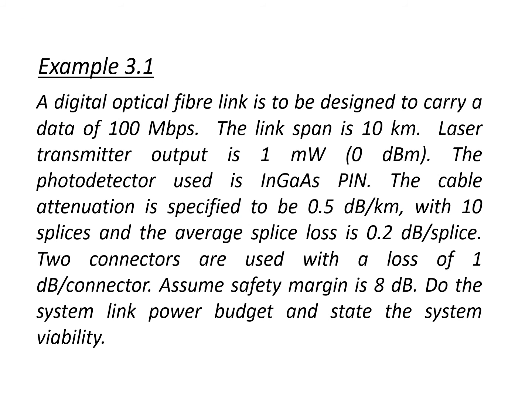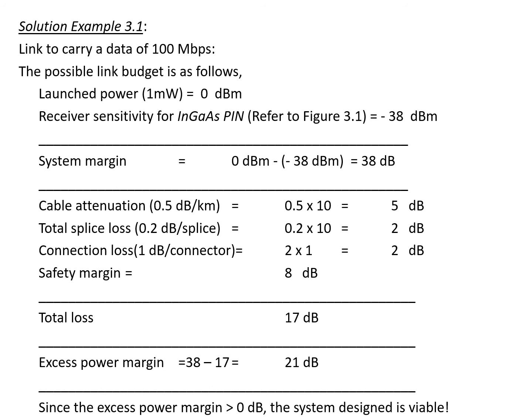Try to understand example 3.1. Based on the given specifications, do the system link power budget and state the system viability. The link budget can be determined as follows. First, determine the system margin. The given launch power is 1 milliwatt, which is equivalent to 0 dBm.